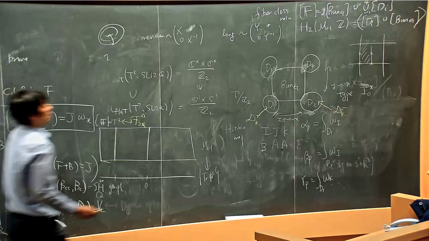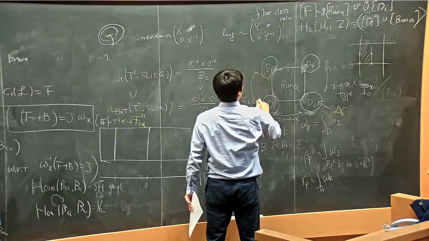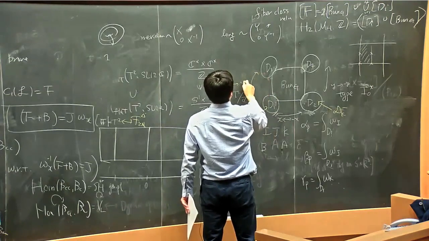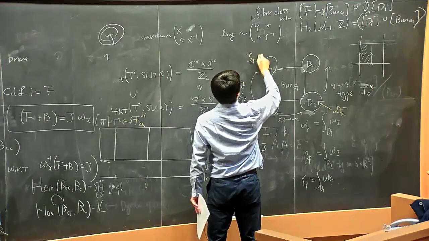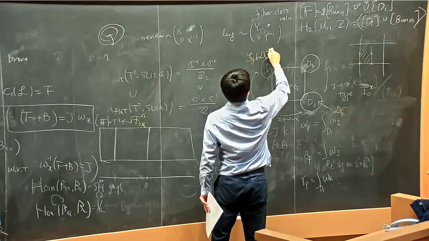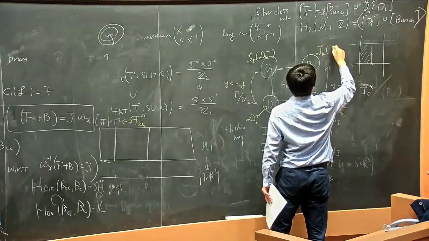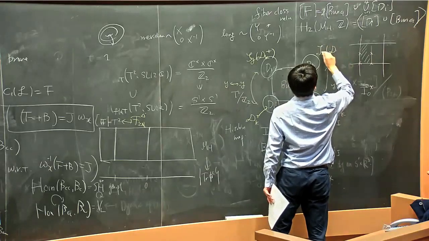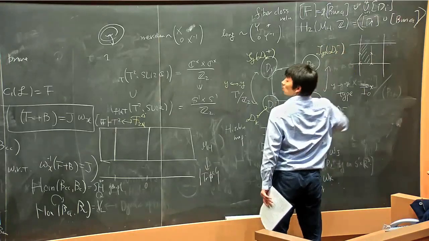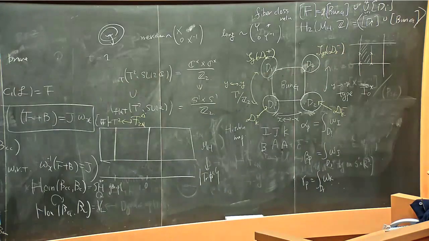And furthermore, if you take the y reflection, y goes to minus y, you obtain the corresponding finite dimensional representation. Sorry, y D_k minus.